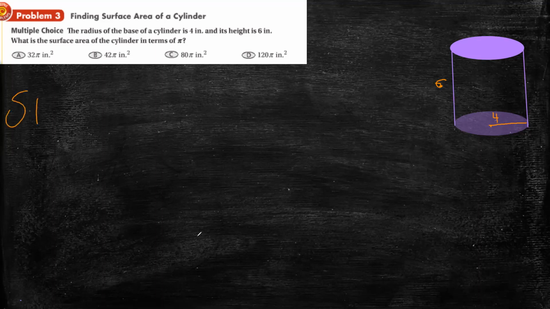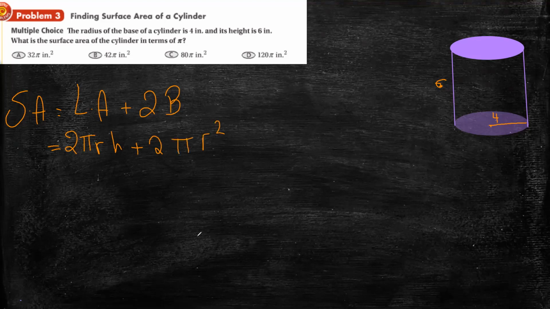The surface area is the lateral area plus 2 times the area of the base. The lateral area is the perimeter times h, the circumference times h. So it is 2πrh plus 2 times the area of the base, which is the area of the circle, πr squared.